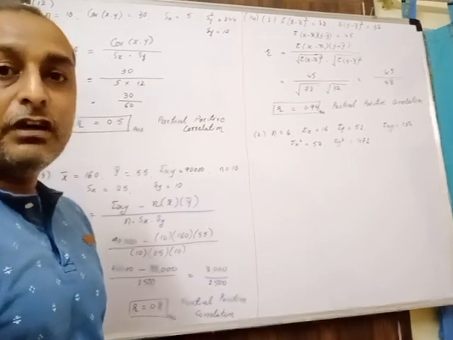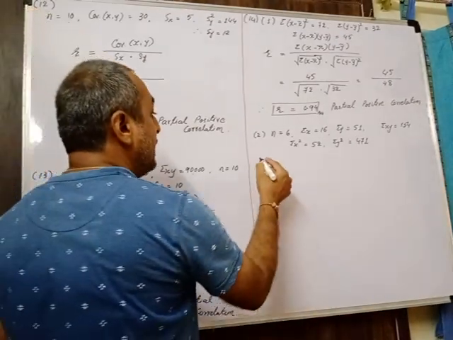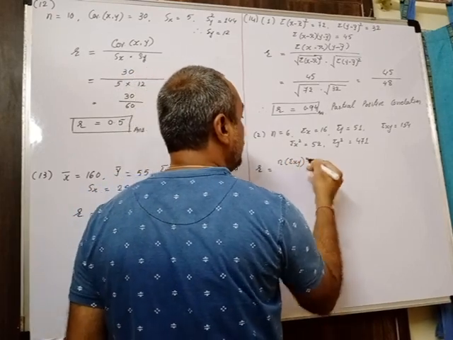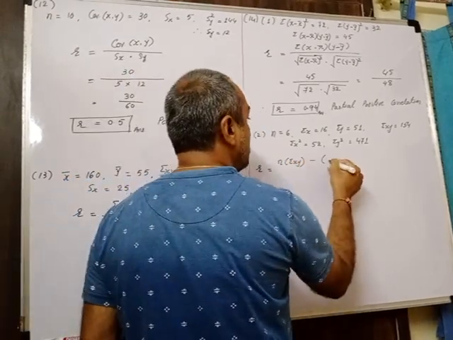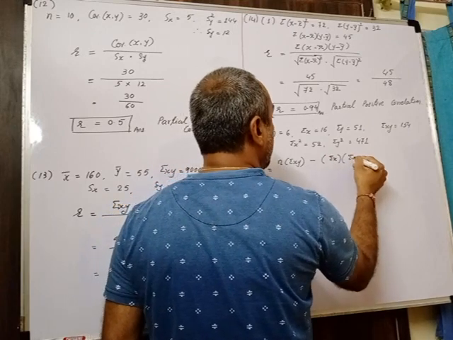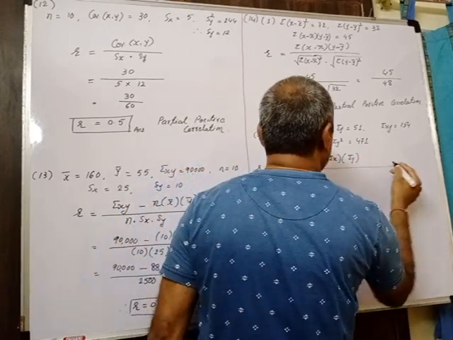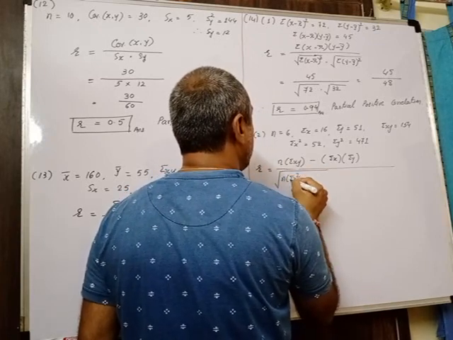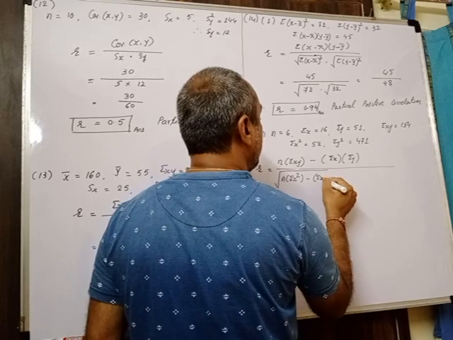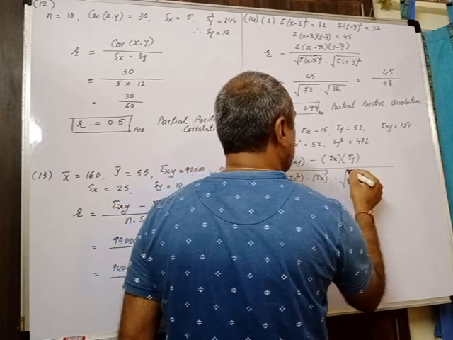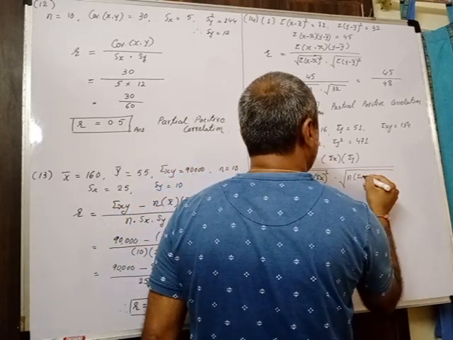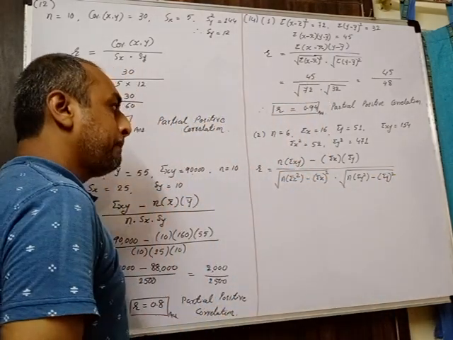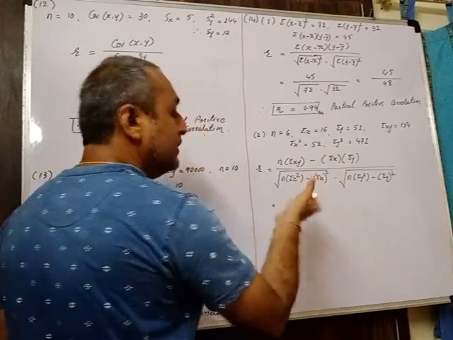So you know now, these are all values for the direct method formula. What is the direct formula? R is equal to n into sum of xy, as you have used many times in the main sums also, minus sum of x into sum of y, divided by the first root, n into sum of x square minus sum of x the whole square, into the other root, n into sum of y square minus sum of y the whole square. This is your formula. Now replace the values one by one.